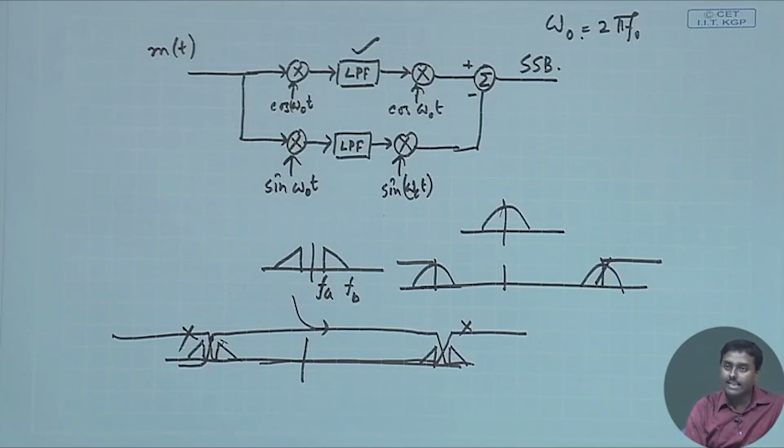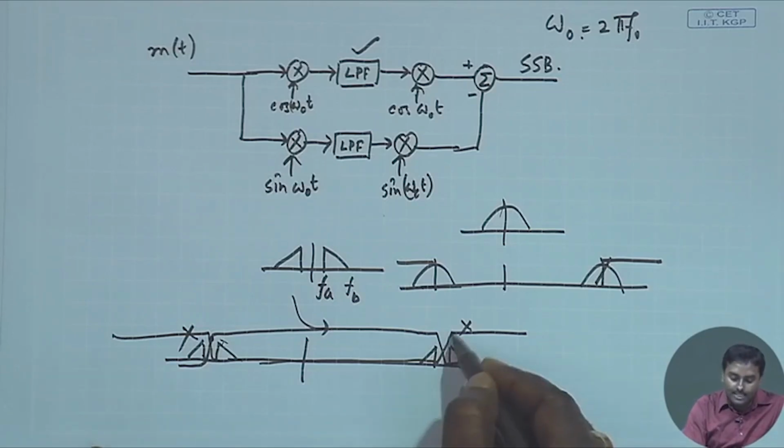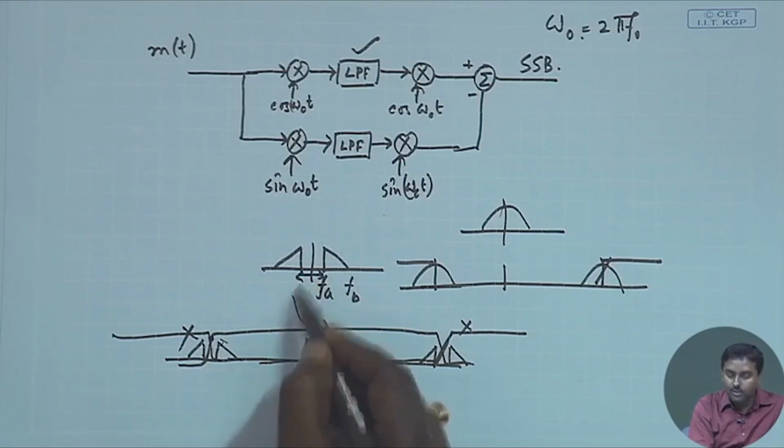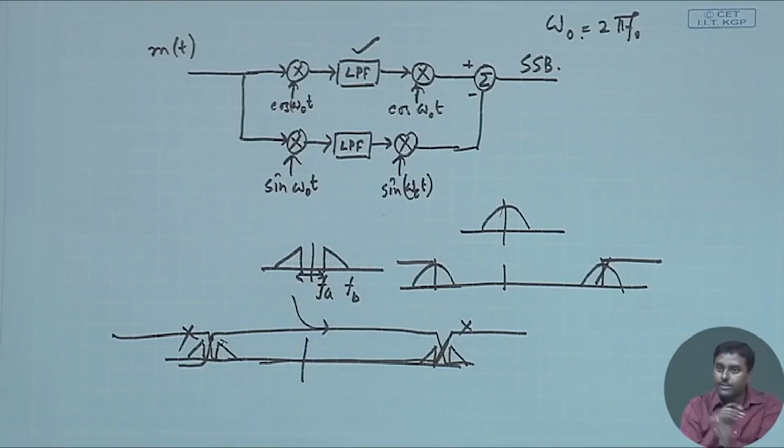So, basically I need to have a signal where I can still allow this roll off. So, I was talking about this free zone. If I have that free zone, probably I will be able to allow this roll off of the filter. And I also know that at a very high frequency, I can immediately modulate to omega c, whichever frequency I need, let us say 900 megahertz or something like that.